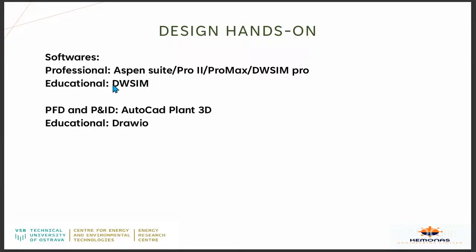Okay, so if we do not have Aspen HYSYS installed, please can we download DWSIM? If you already have DWSIM, drop in the chat box that you already have it. And if you don't have it, you can download it on the internet.